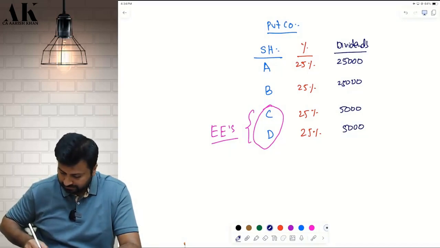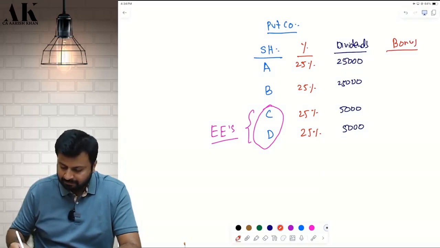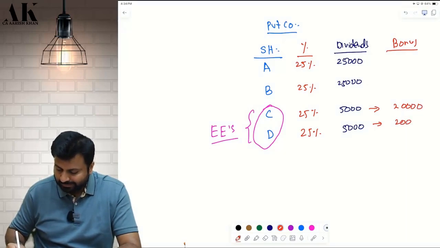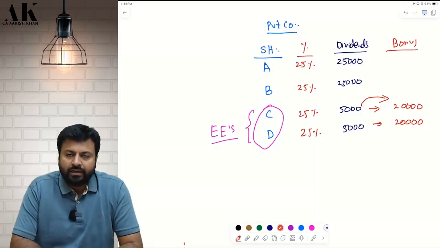And the remaining 20,000 I am showing as a bonus because they are also employees. So, I am diverting my profit over here. Instead of showing 25,000 rupees as a dividend, I am showing 20,000 as bonus.